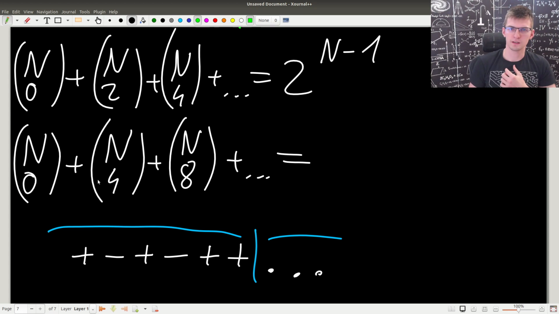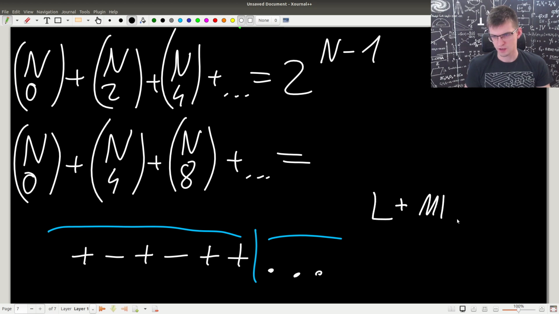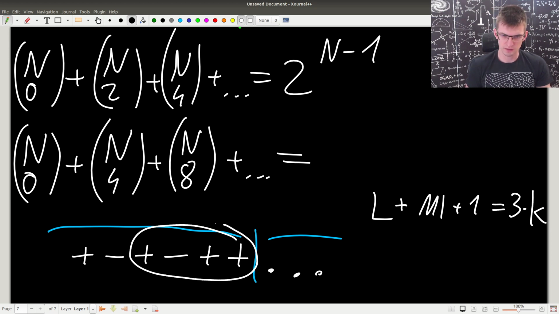Okay, this makes sense because we want the length of the left part plus the number of minuses plus 1 to be divisible by 3. It's 3 times some k, and this is true for something like that.